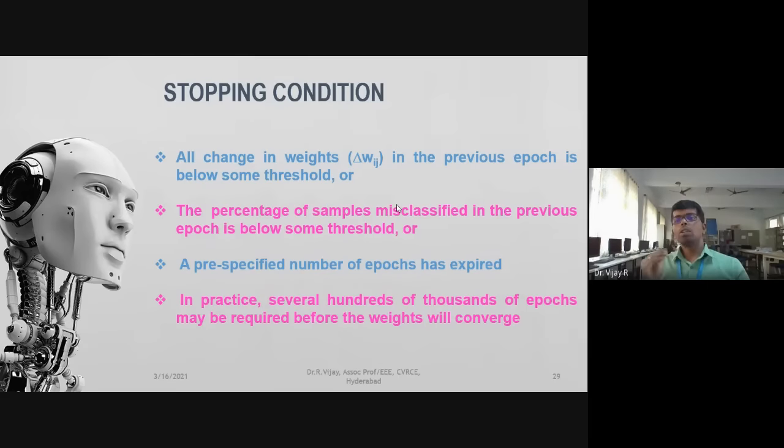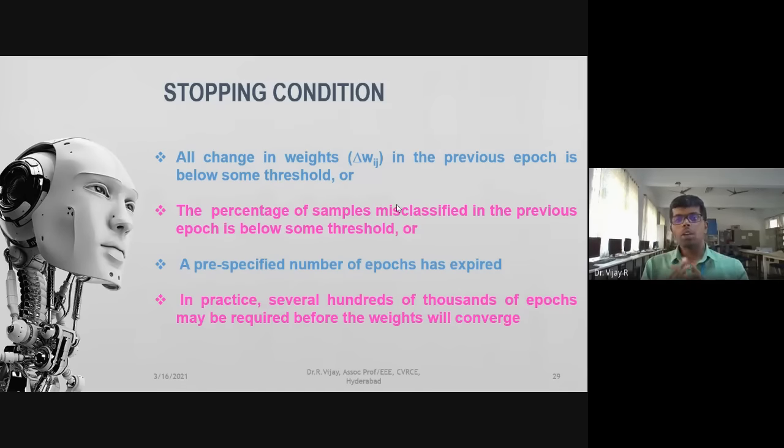Okay, and also there is some stopping condition for that particular algorithm. If all the changes in weights in the previous epoch are below some threshold value, we are giving that as a stopping condition for that particular neural network. If the weights are satisfied with some threshold value, then you have to stop the algorithm.